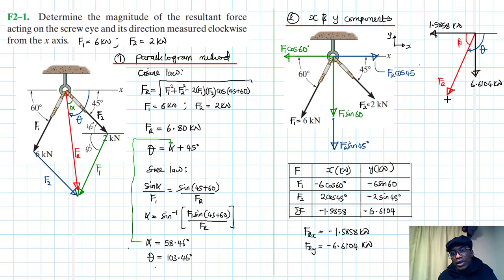So we need to find now the resultant force. Using Pythagoras, our resultant force Fr is just equal to the square root of Frx squared plus Fry squared, and Fr is just equal to the square root of 1.5858 squared plus 6.6104 squared.